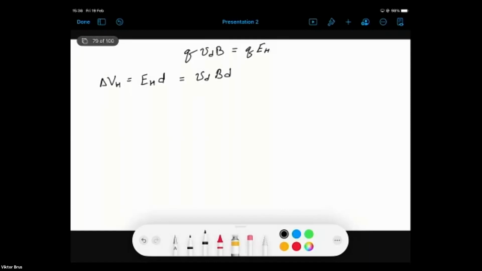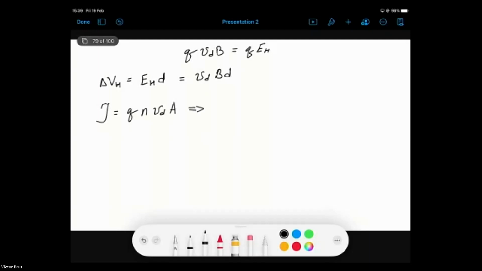Now we know that the electric current can be expressed as electric charge times concentration of charge carriers times drift velocity times the cross-section area of the conductor.